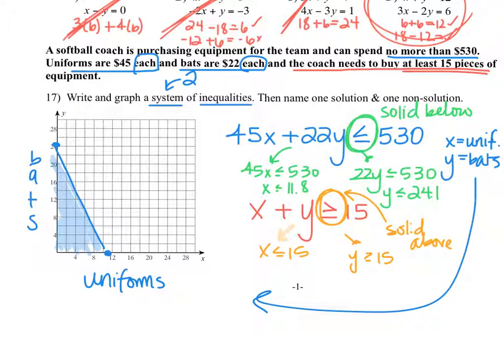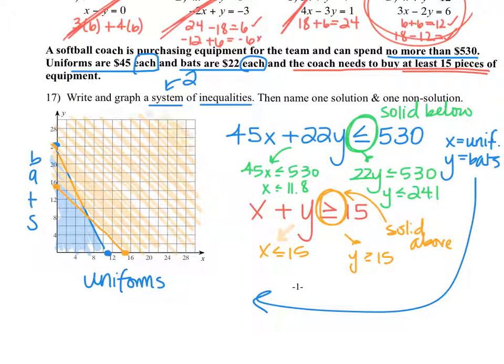All right, so I'm going to make a point at 15 on the x-axis and 15 on the y-axis. I'm going to connect these with a solid line, and this time I'm going to shade above, which is going to be this whole section.